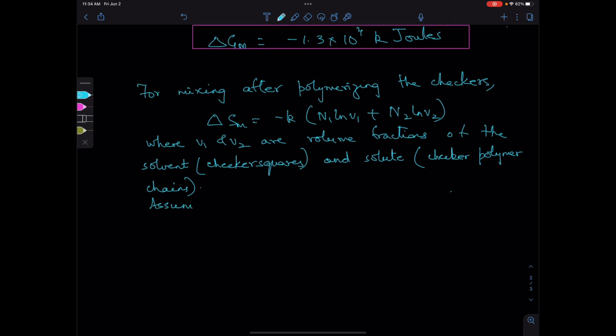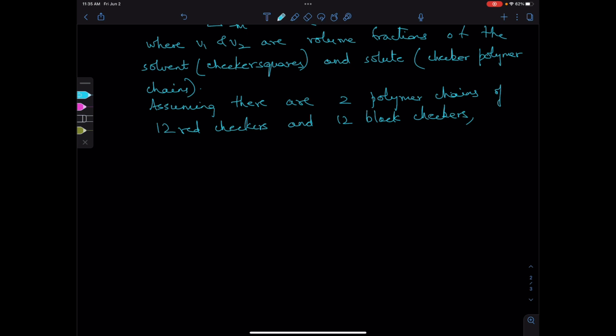Assuming there are two polymer chains, N2 will be equal to 2. So delta Sm equals negative k times 64 ln 40 over 64 plus 2, for two polymer chains, ln 24 over 64.